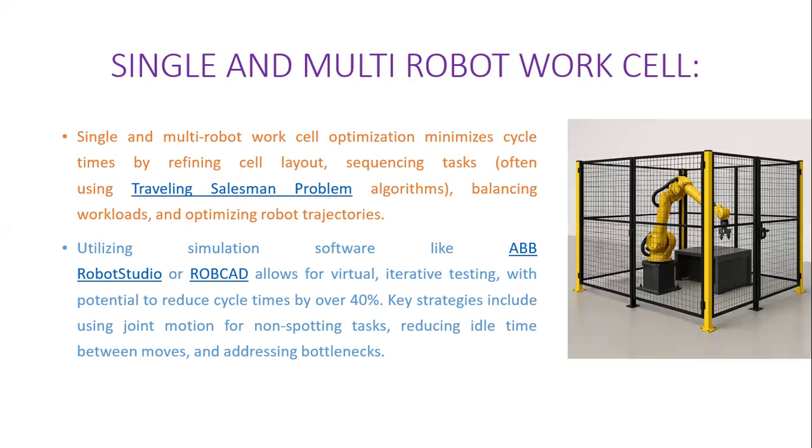For doing so, we have various standalone simulation software to perform various kinds of virtual testing and analysis in order to reduce the cycle time constraints, and other challenging case studies can be solved very easily through simulation.